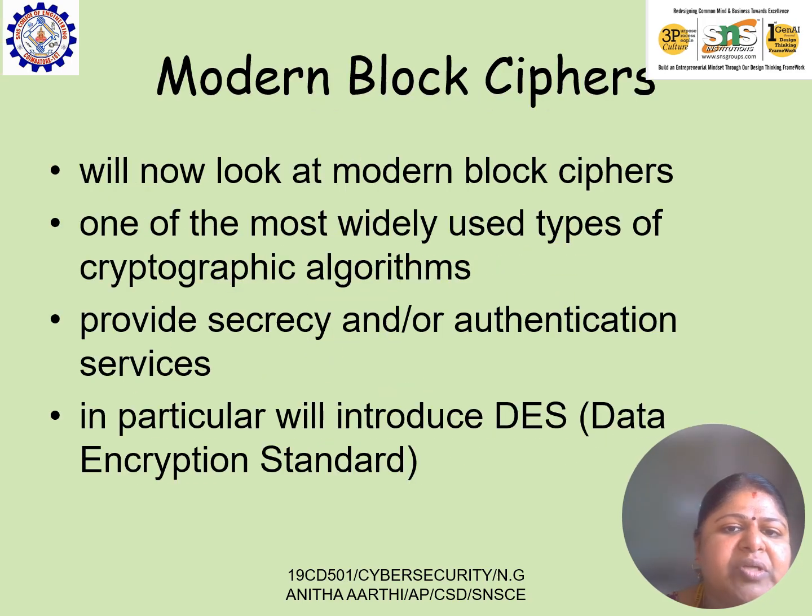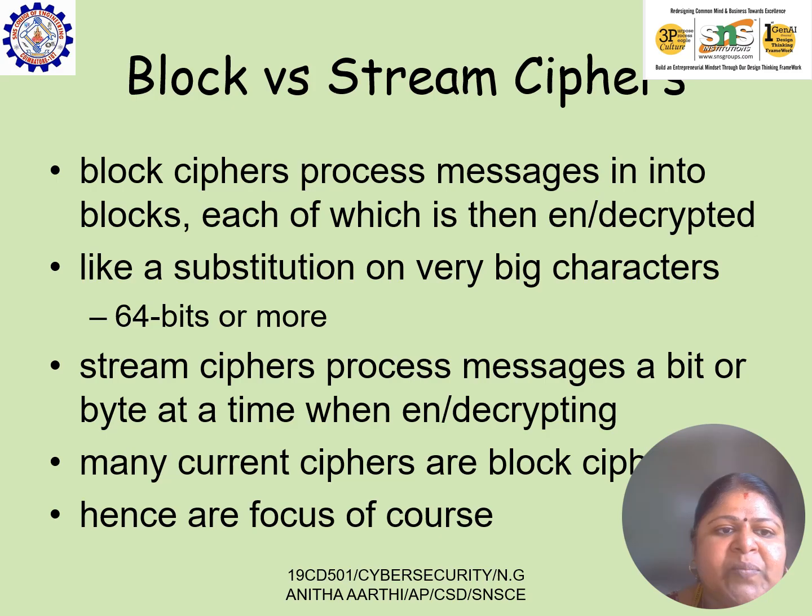Now we will look at modern block ciphers. One of the most widely used types of cryptographic algorithm provides secrecy and/or authentication services. In particular, we will introduce the data encryption standard, which is also known as DES. Block and stream cipher: let's see the difference between block cipher and stream cipher here.